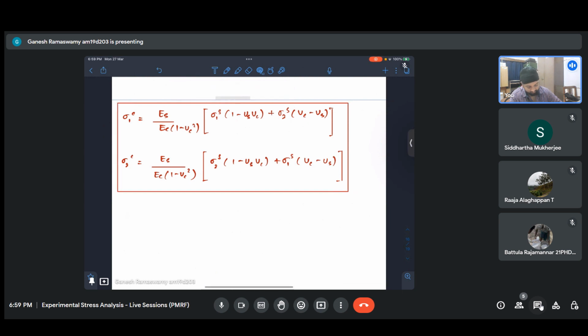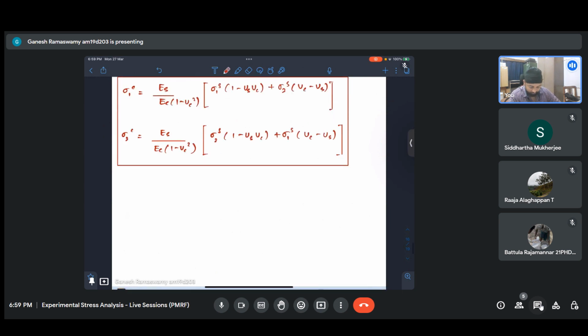Now, if I were to see sigma 1c minus sigma 2c, if I were to take this, then essentially what I would get is this, and within my bracket, I'll get sigma 1s into 1 minus mu s mu c. This and this will get subtracted. This will get subtracted from that.